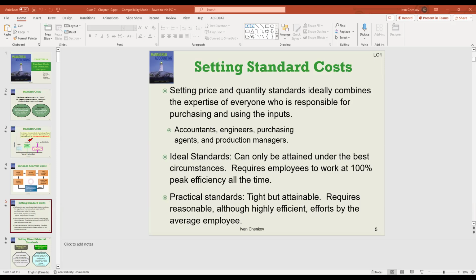Is that realistic? What do you say? Out of 8 hours that you're paid, is it realistic for you to work 6.5 hours at 100% efficiency?